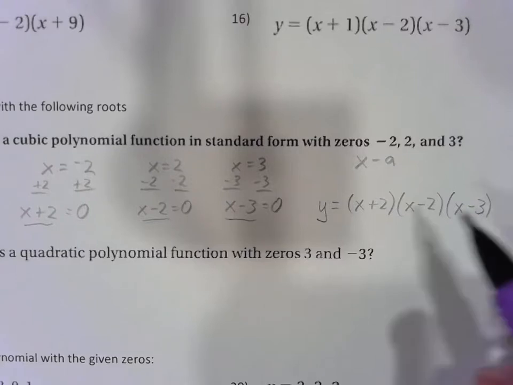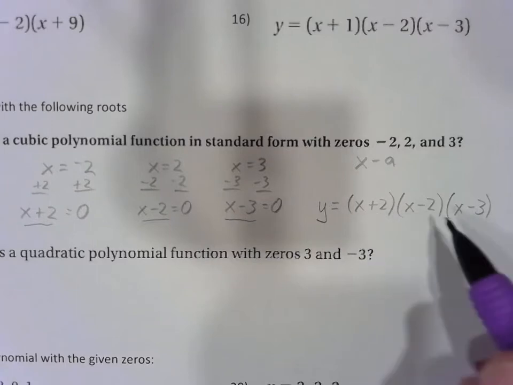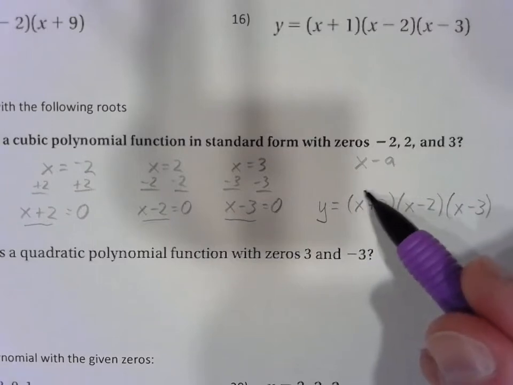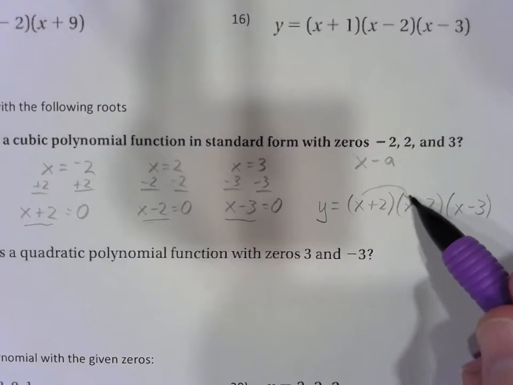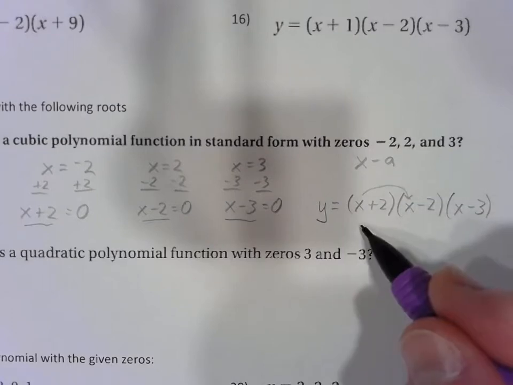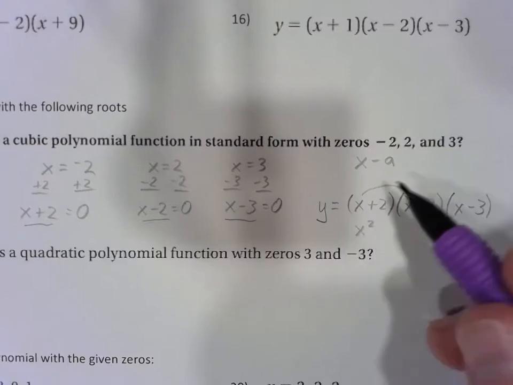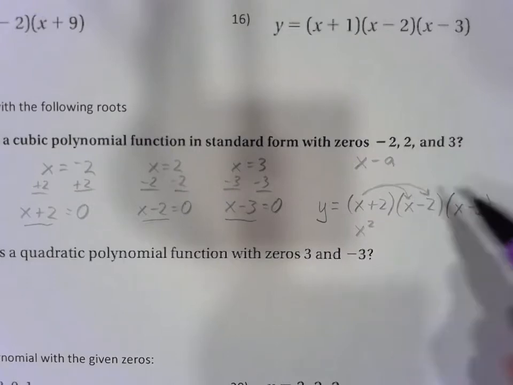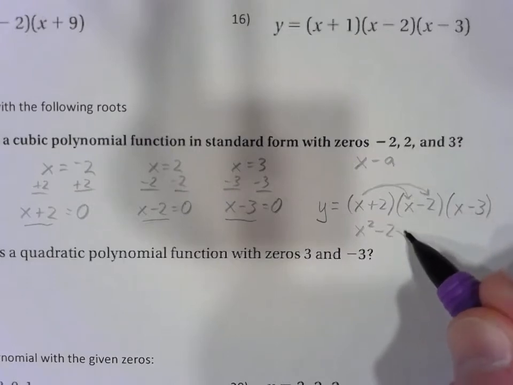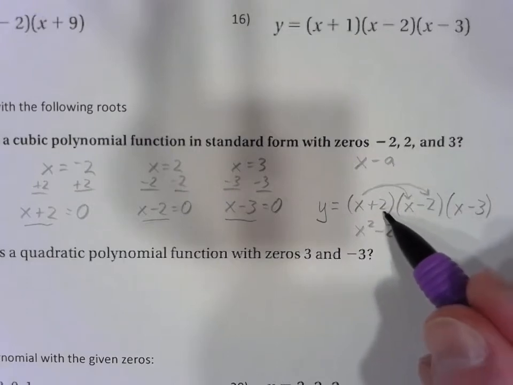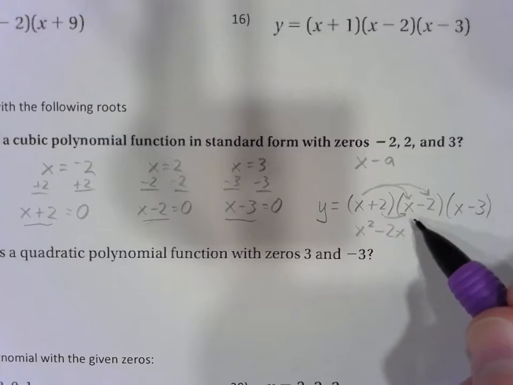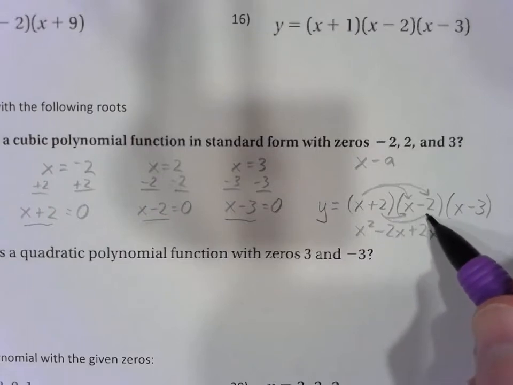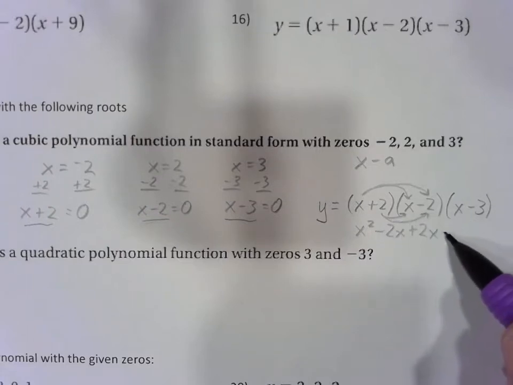So, multiplying x plus 2 times x minus 2, I'm going to FOIL these two together. X times x is x squared. X times negative 2, negative 2x. Now the inside, 2 times x, and 2 times negative 2, the last two.